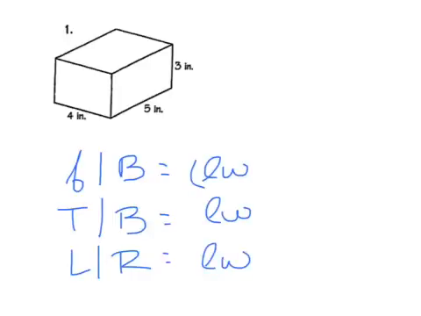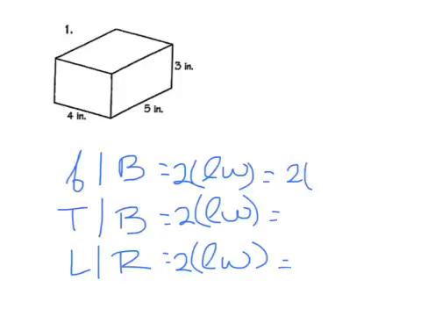And since I'm doing the front and back, top and bottom, left and right, I'm going to multiply them each by 2 because I'm going to account for both of them. So let's go ahead and look at the front and back. It's going to be 2 times, and I'm going to consider this my front, and the back would be identical. So that would be 4 times 3. Well, 4 times 3 is 12, and 12 times 2 is 24.